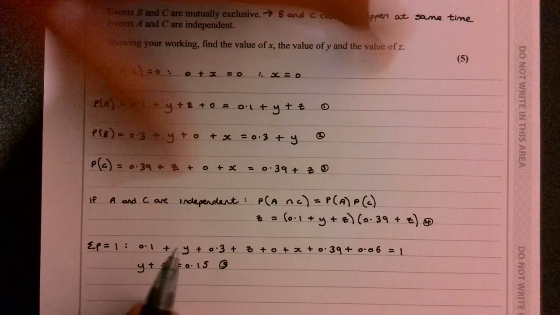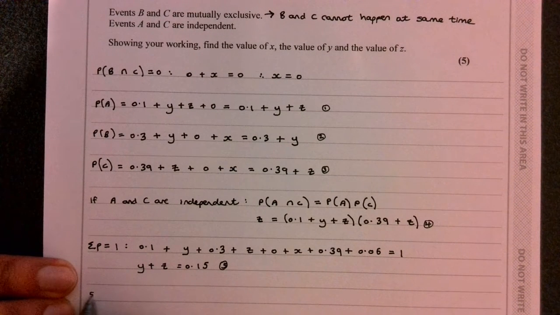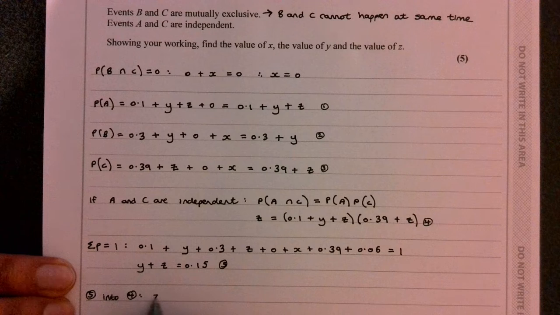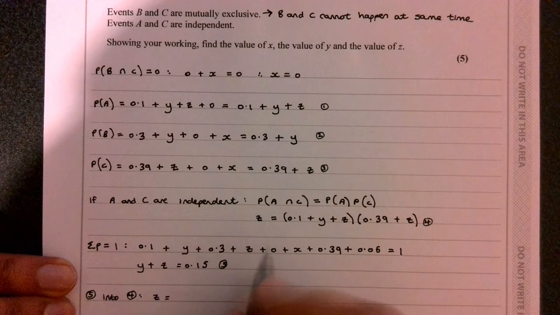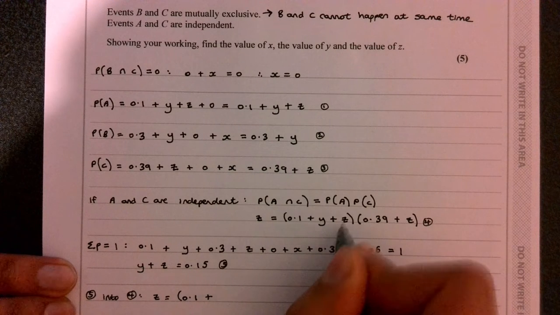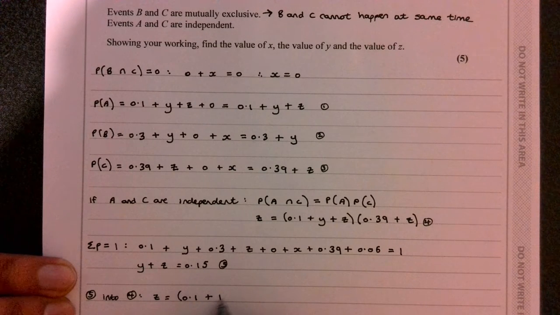So if we substitute in equation 5 into equation 4, we have z on the left hand side, and on the other side we have 0.1 plus y plus z, which is 0.15. And then we multiply this by 0.39 plus z.